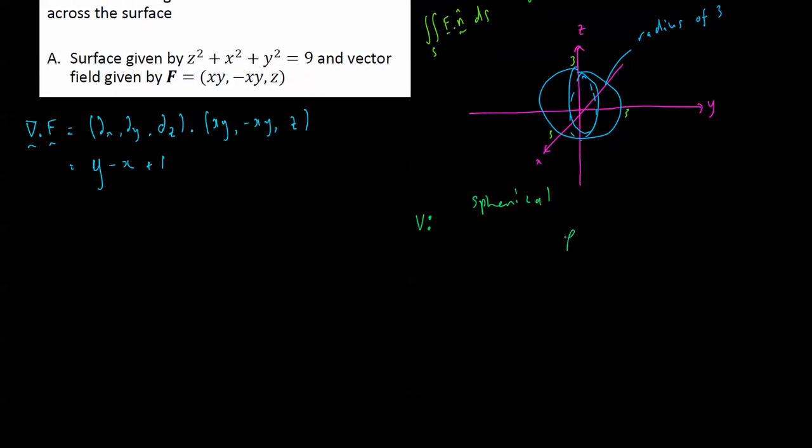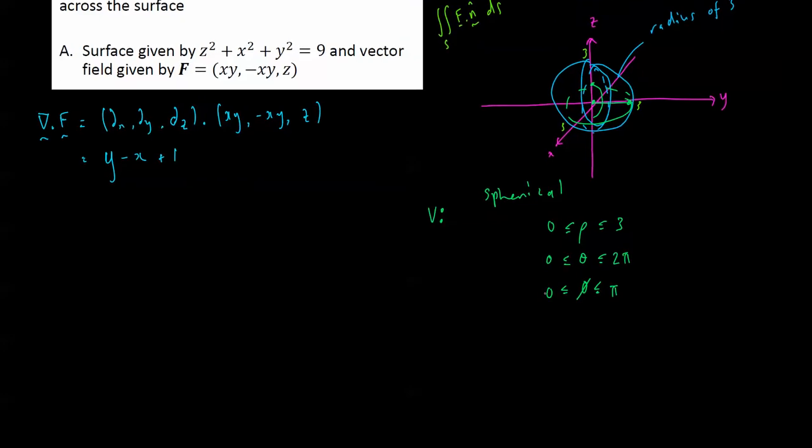So we need to find the limits on rho, theta, and phi. Rho goes from the origin out to the radius, so 0 to 3. Theta goes all the way around in the xy plane, so 0 to 2 pi. And phi goes all the way from 0 to pi, because we've got the whole sphere to calculate the divergence over.